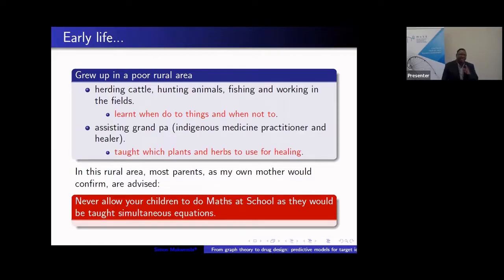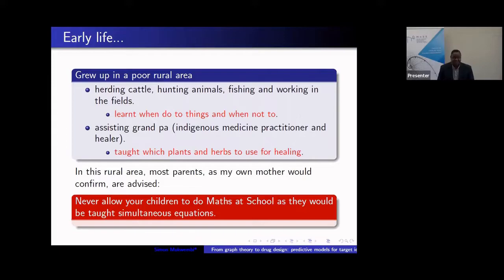One important thing that I was doing is assisting my grandfather, who was an indigenous medicine practitioner and of course a healer. I would assist him as he did his practice, and this taught me to know some of the plants and herbs that can be used to heal certain ailments.